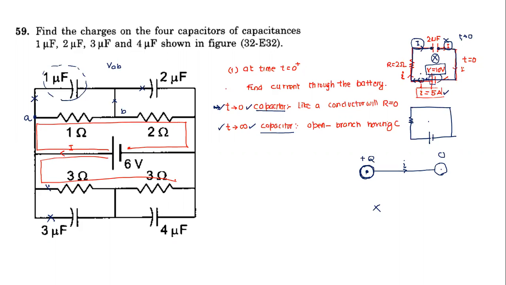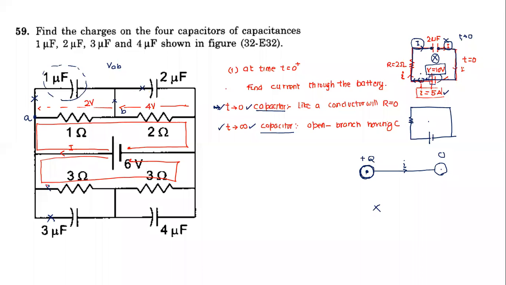If I look at each loop, it's very clear. The potential difference is 6 volts, being divided across 1 ohm and 2 ohm in proportion. So the potential difference from here to here will be 2 volts, and from here to here it will be 4 volts. So what is the charge on this capacitor? 2 into 1, that is 2 microcoulomb, and this will be 8 microcoulomb.